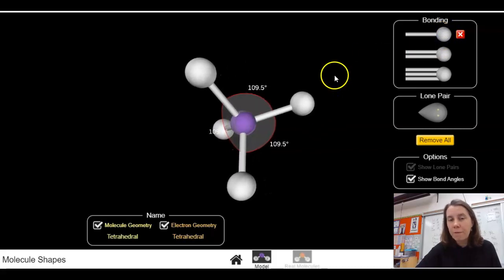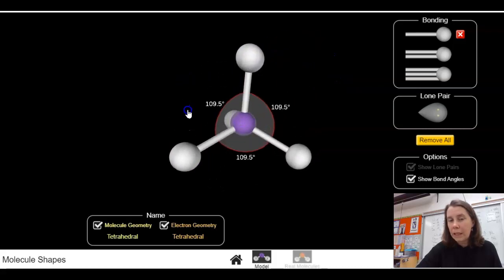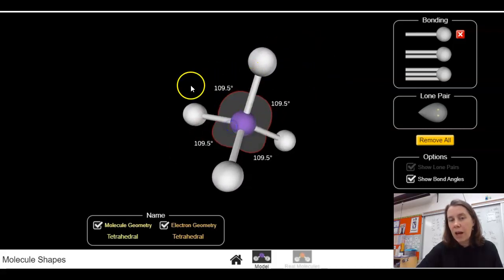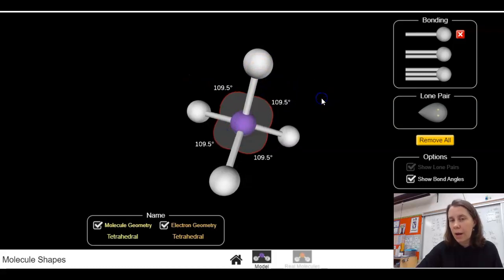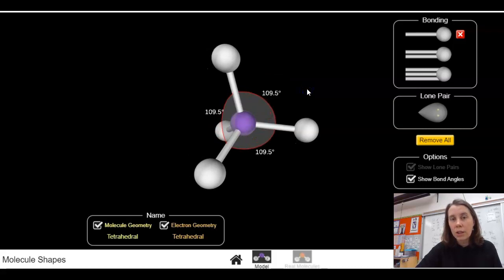Okay, so if we add 4, now you can see we are no longer in one plane, okay? So if you look at it from overhead, you might think, oh, it looks kind of like a square, right? But it isn't. If they were all in a square flat, that would be 90 degrees. So 109.5, which is the bond angle for tetrahedral, is going to be larger, and that will allow our electron groups a little bit more space and reduce repulsion.